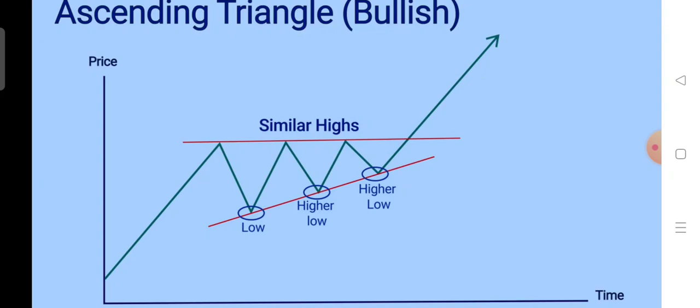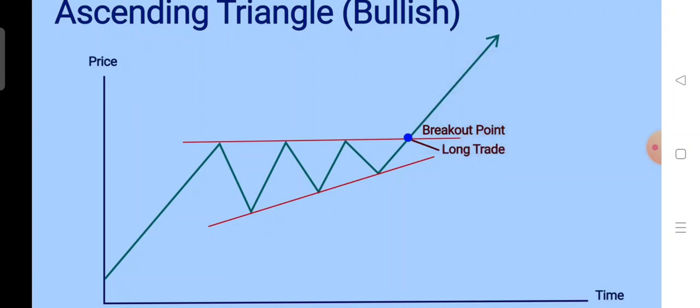So it takes the form of an ascending triangle. Once there is a breakout of the ascending triangle, someone can take a long trade with a stop loss just below the previous swing low, or just below the slanting support line, at the point where the latest swing low was formed.